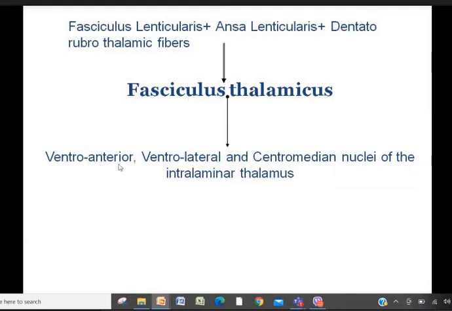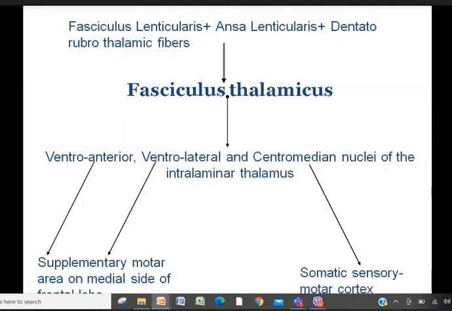The ventral anterior part, ventrolateral part, and centromedian nuclei of the thalamus. What is fasciculus lenticularis, what is ansa lenticularis? Fasciculus is from the inner segment of the globus pallidus, ansa from both segments, and they all combine to form fasciculus thalamicus and go to this part.